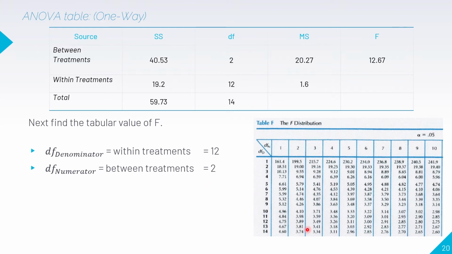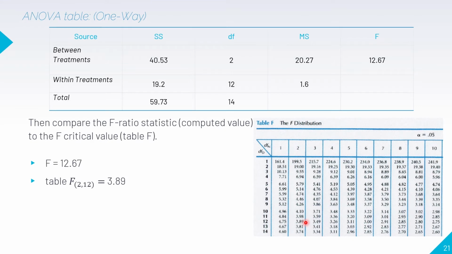So let's find this in our table F, or tabular value of F. With 2 as the numerator and 12 as the denominator, we have 3.89.